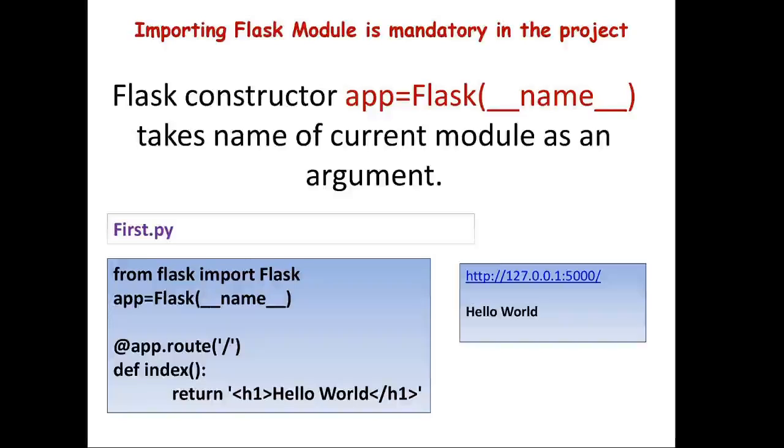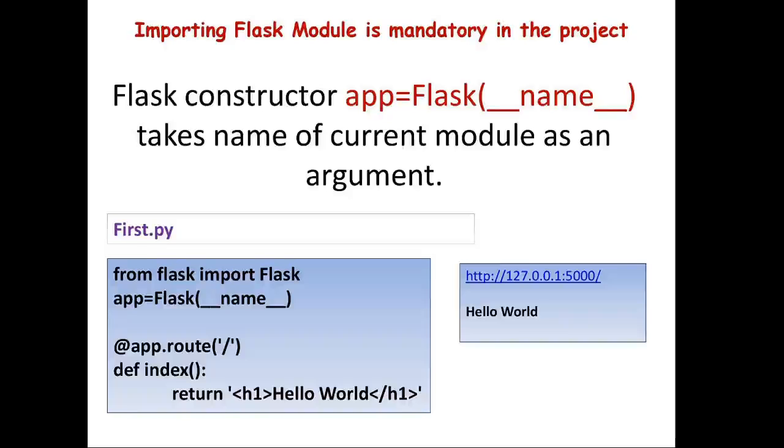What was the meaning of this? @app.route('/') means the URL, and this URL was associated with the function index. Once we execute this web application by using FLASK run, it gives you this address.